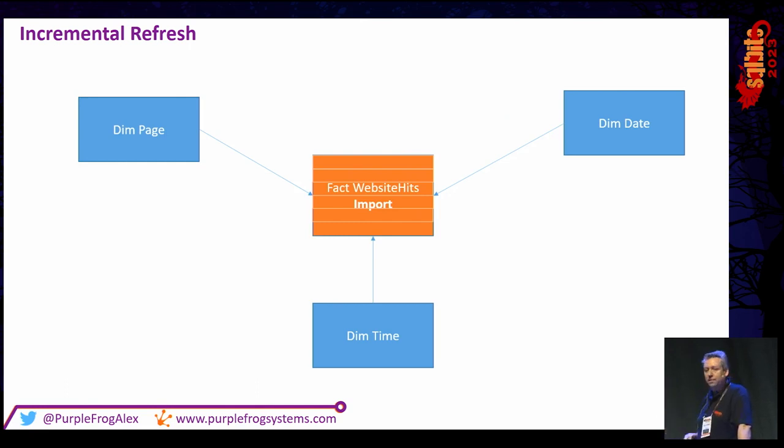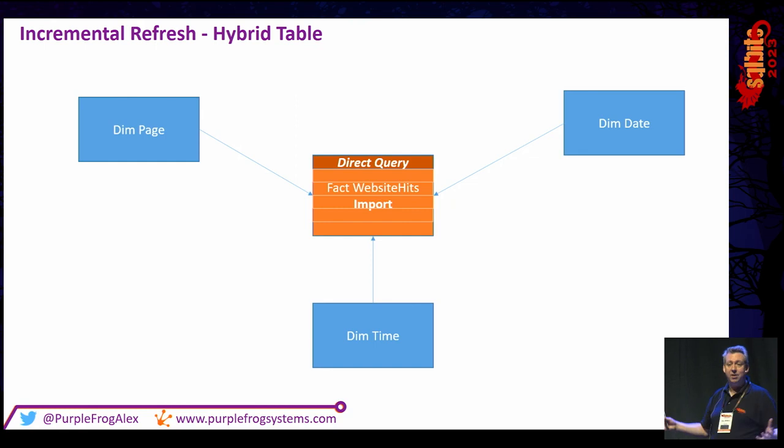But now there's an option for hybrid tables where you can say today's partition is direct query. So when you query that table, it will get everything it needs from the imported data really fast. And if you're asking for today's data, it will also query direct query, grab the data, combine it together, and give you a single answer. So you can now get live, up-to-date, real-time reports and minimize the impact and hit on your source system.